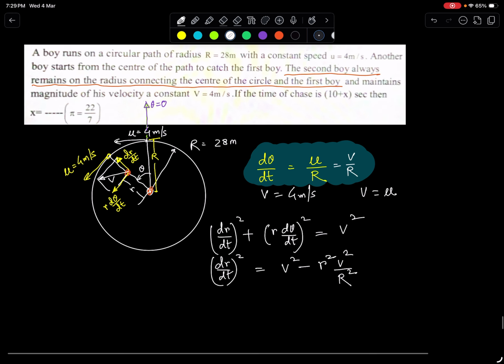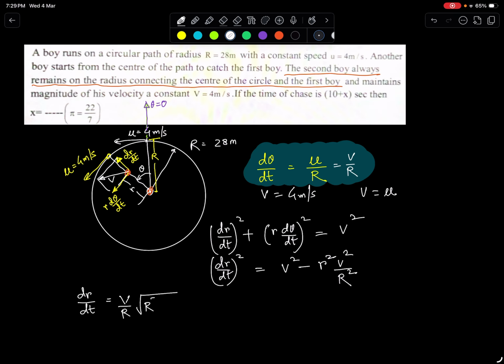So therefore we can write dr/dt, taking the square root, as v/R times the square root of R² minus r². So therefore dr over the square root of R² minus r² is v/R times dt.